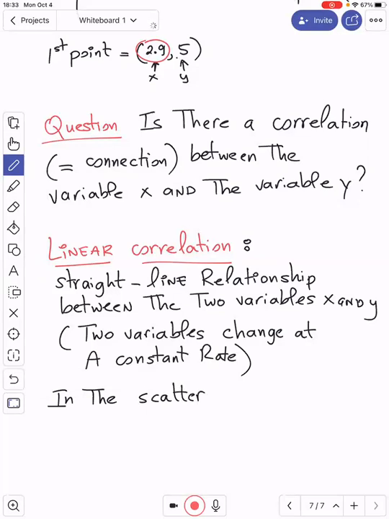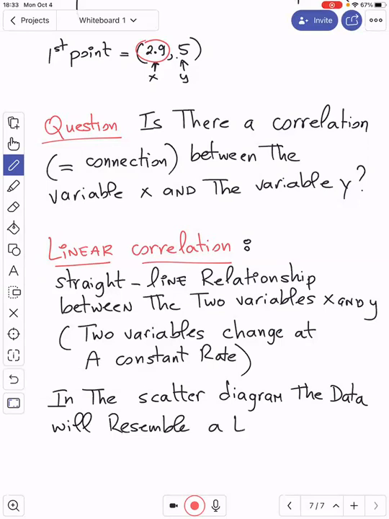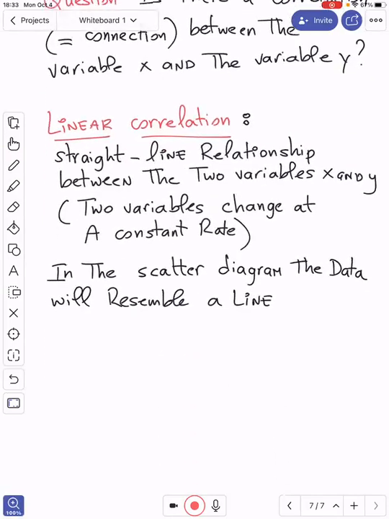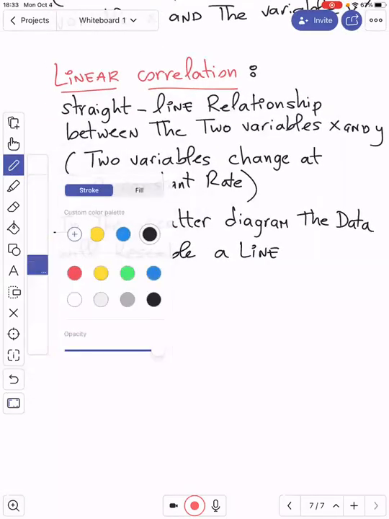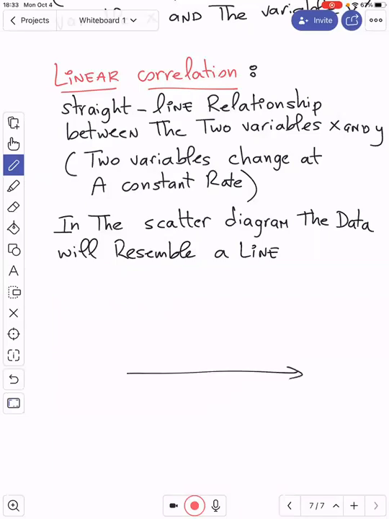In the scatter diagram, the data will resemble a line. In other words, this scatter diagram is going to look like this. Here is your scatter diagram. You have this bunch of points.